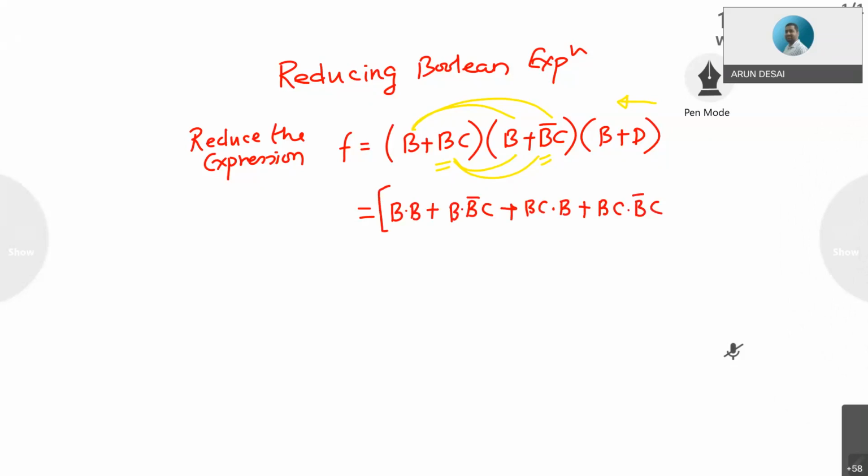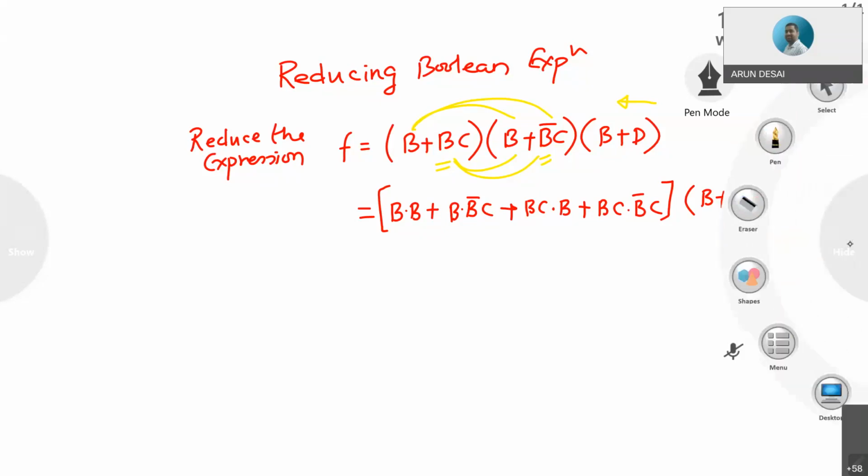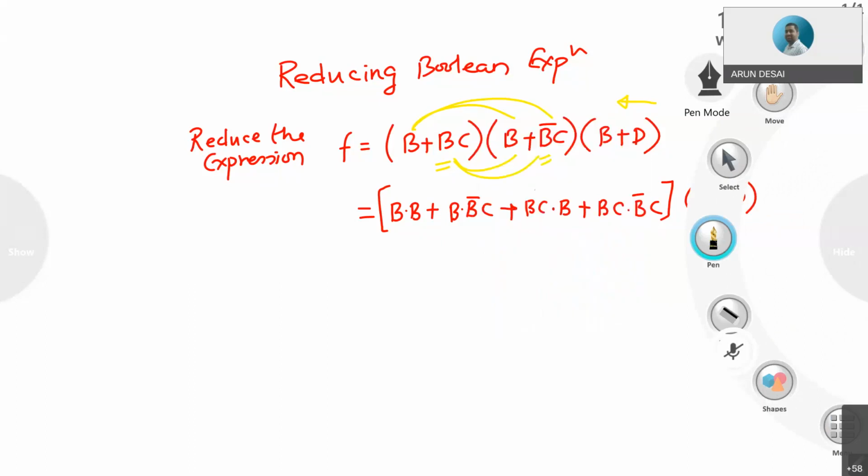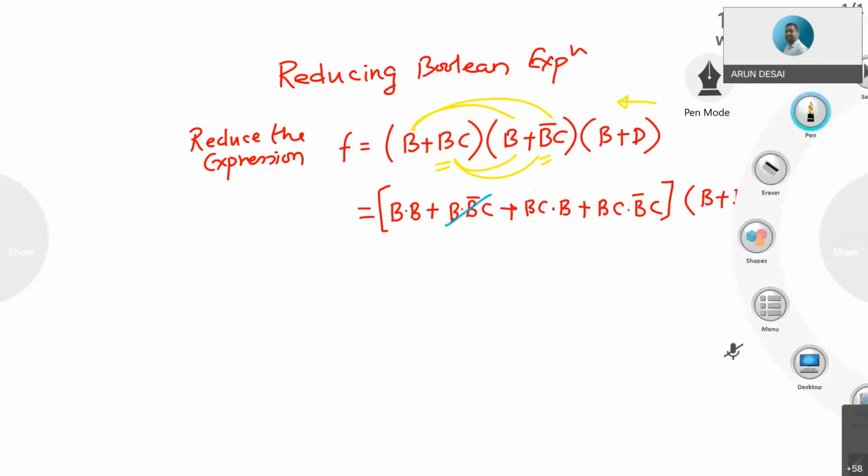This is the multiplication for those two parentheses, and then plus d, right? So this is how things work. If the variable and its complement are present in a single term, that means those terms are cancelled, right?